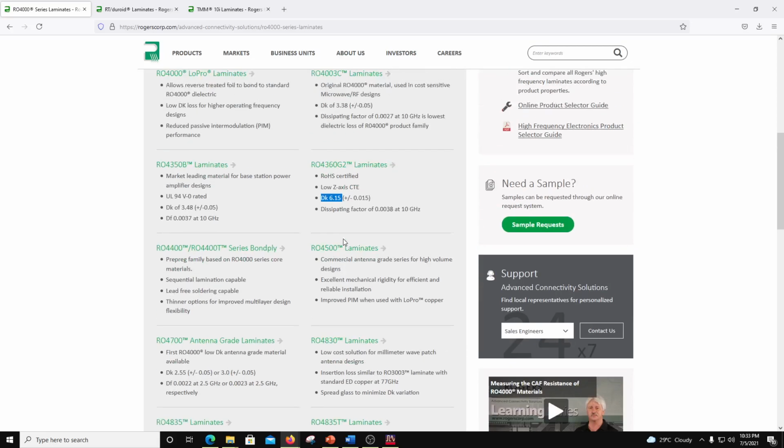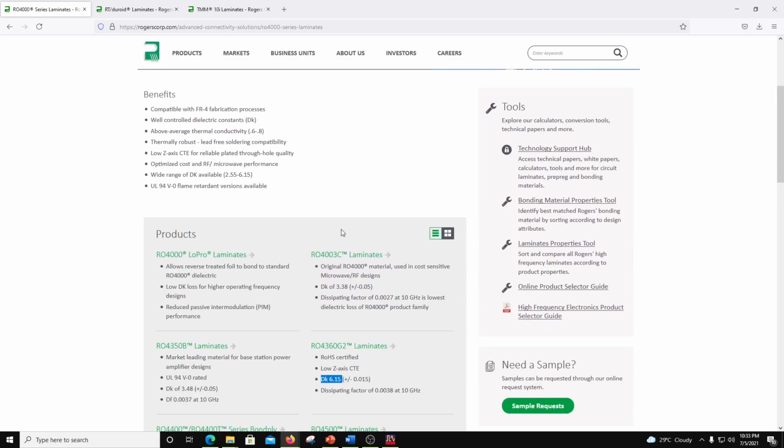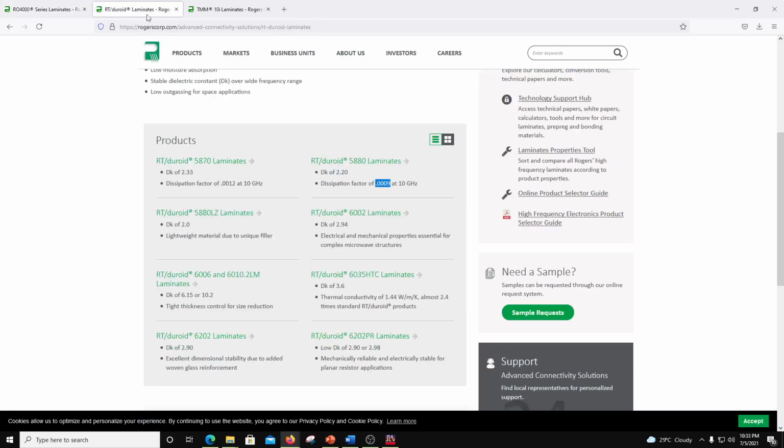Okay, so this is a lower loss tangent material from Rogers, but the normal PCB which you get, which is FR4, loss tangent is like 0.02, right, or 0.02 or 3 or something like that. So that's going to be a lossy substrate. So at high frequencies you are going to see a lot of loss here.